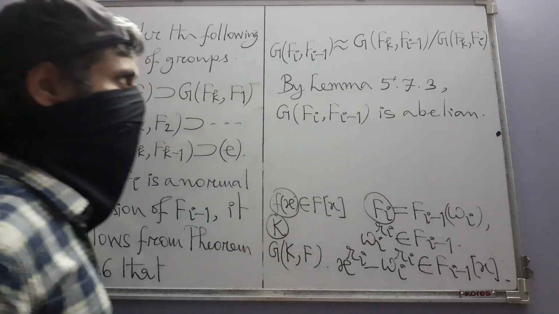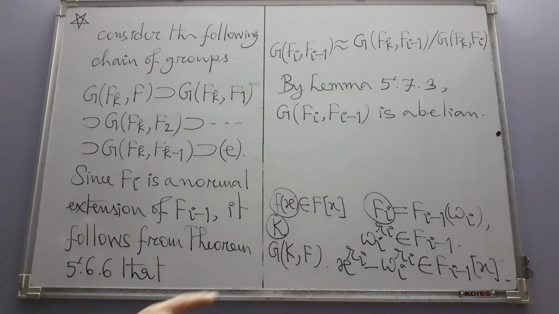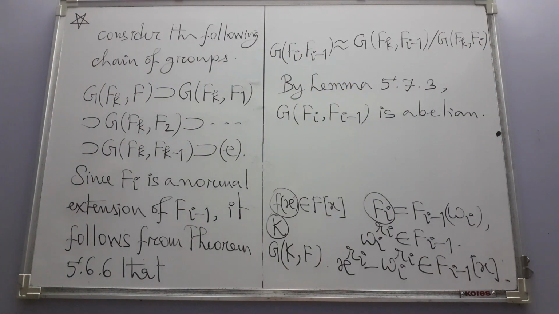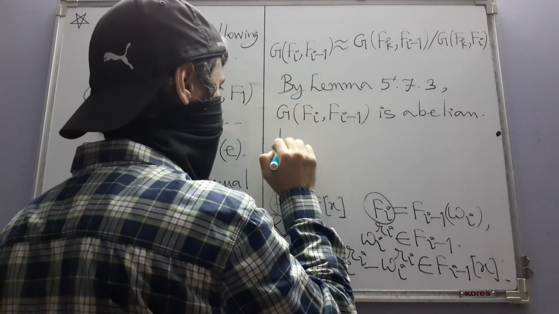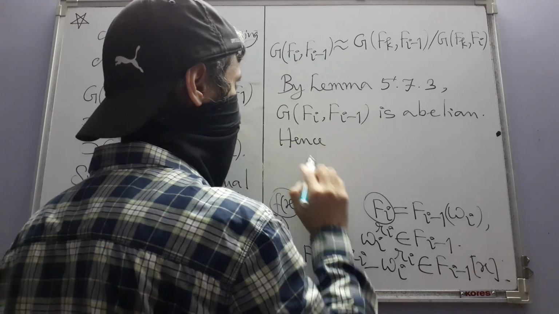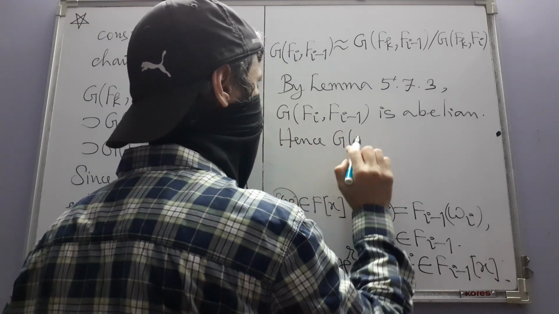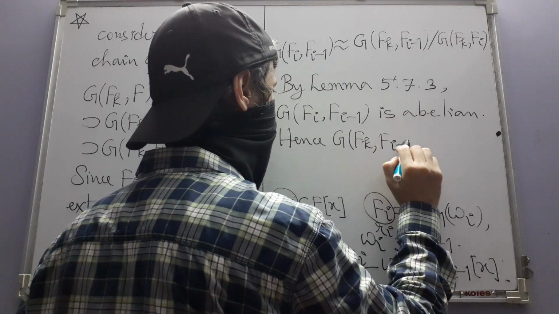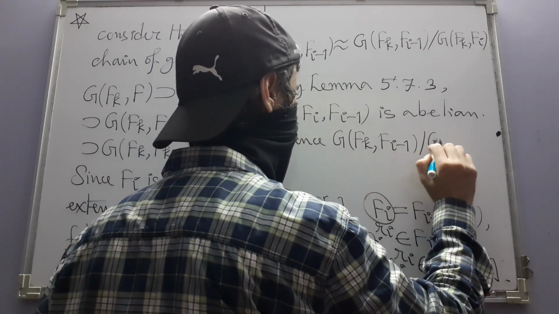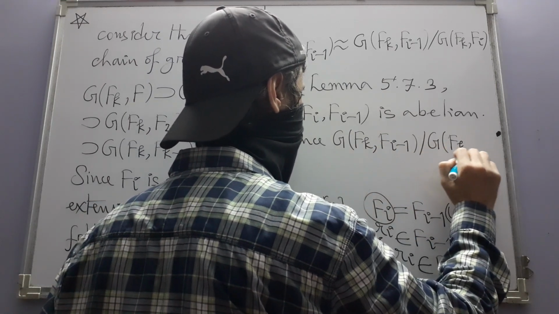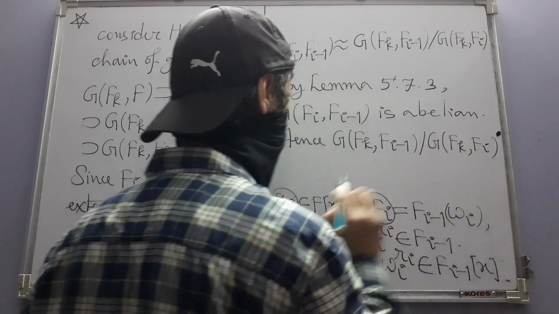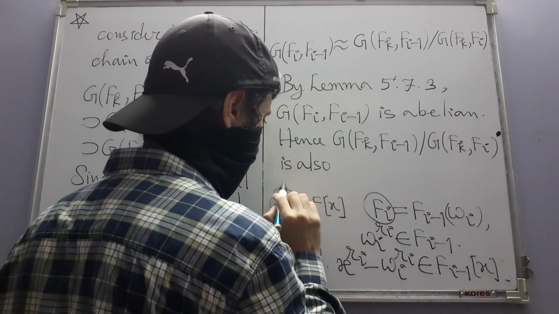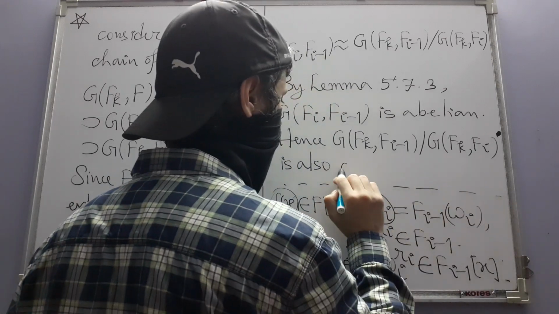That is why this is abelian, and that makes this isomorphic group also abelian. Hence, this is also abelian.